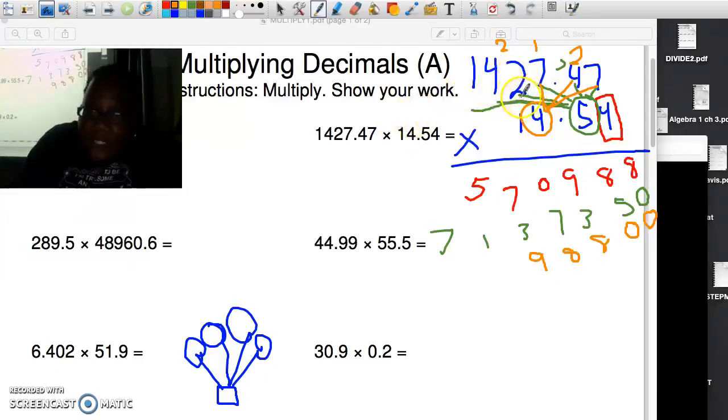And my next ring is 2 times 4, which is 8, plus 2 is 10. My next ring is 4 times 4, which is 16, plus 1, 17. And my last one is 1 times 4, which is 4, plus 1 is 5. The 5 should be hanging off.